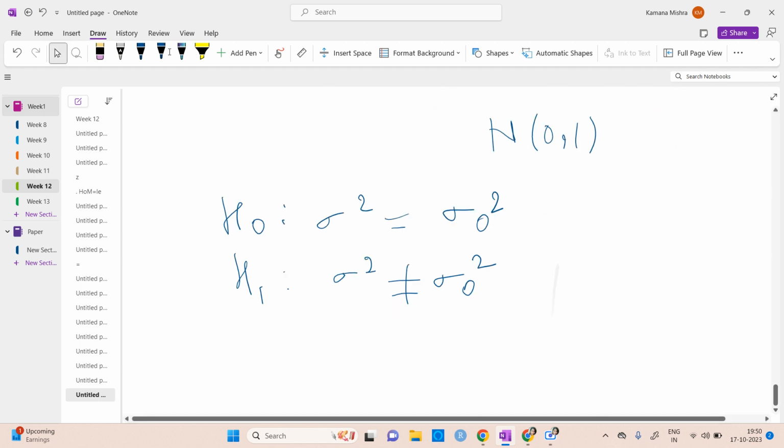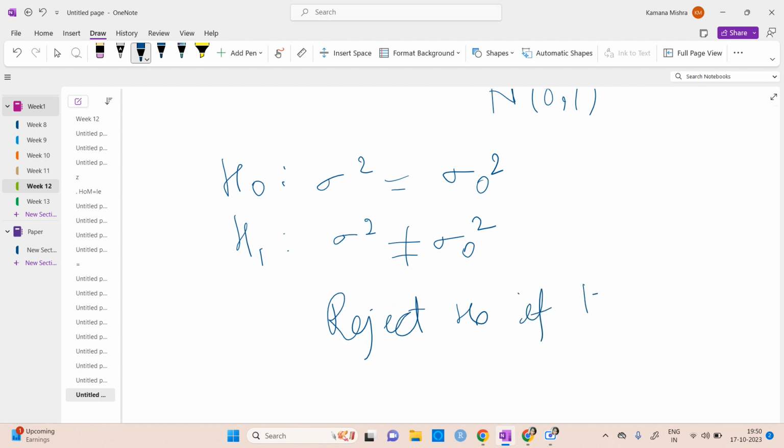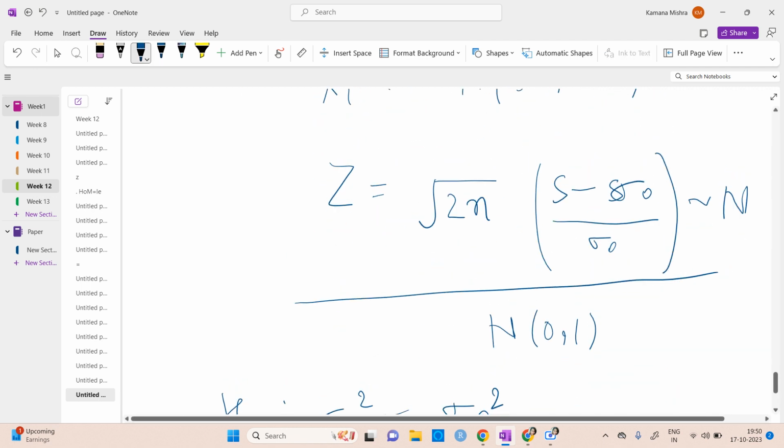Then we reject H0 if mod z is greater than or equal to z alpha by 2. So this is the test statistic.